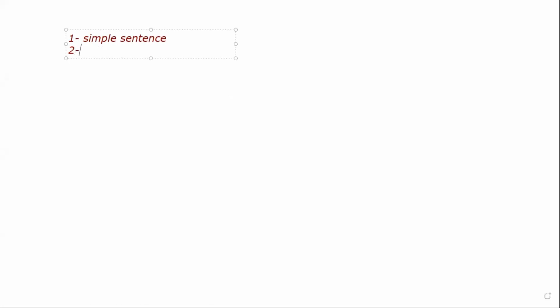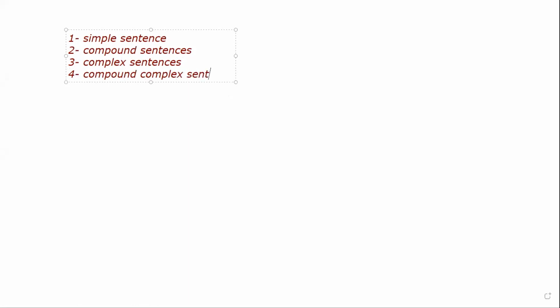Number two, compound sentences. Number three, complex sentences. Number four, wow, it's compound complex sentences. What are compound complex sentences? Wow, they look pretty difficult. They're not. All right, let's discuss each and every type on its own. And this is called types of sentences.